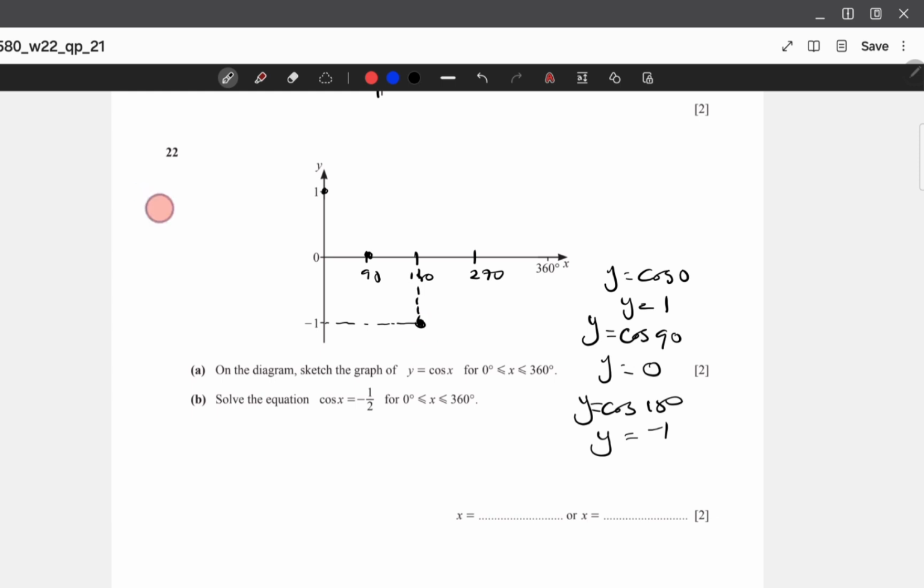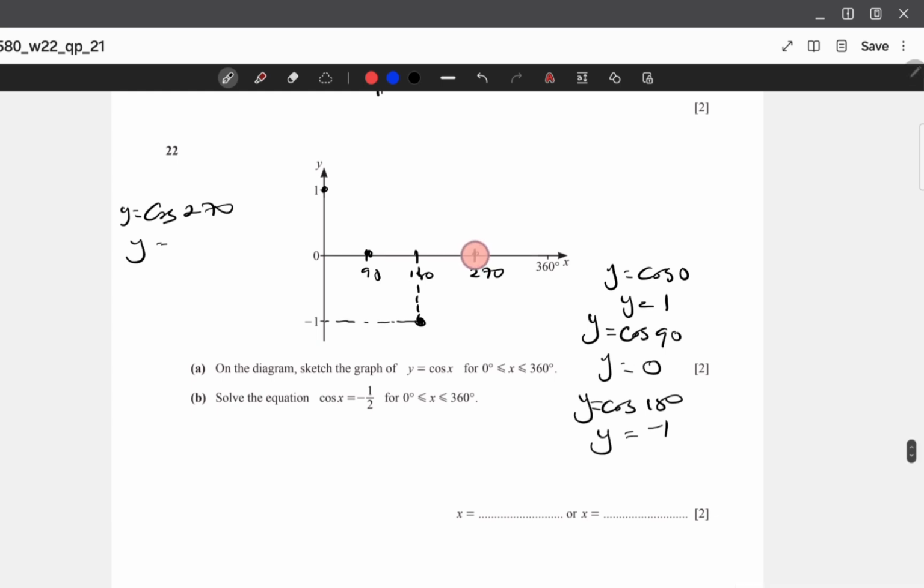Then cos 270: x is 270, and the cos of it is 0. So it will be here. Then cos 360, y is 1.